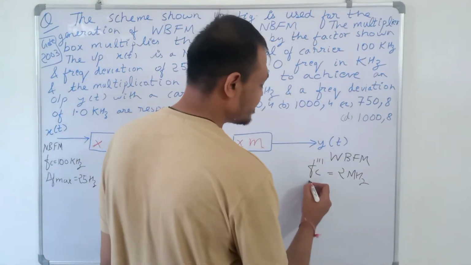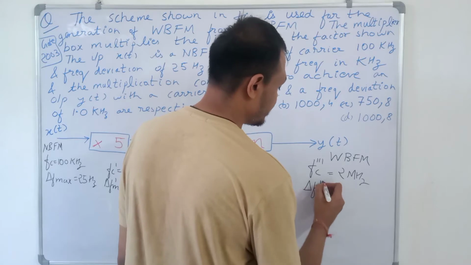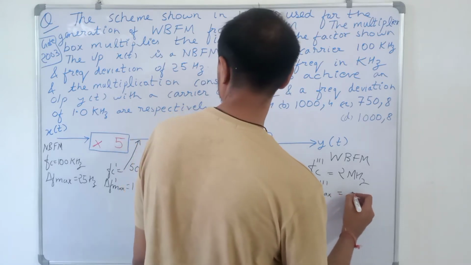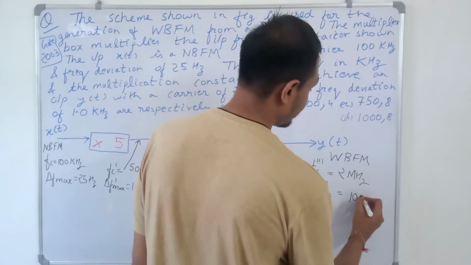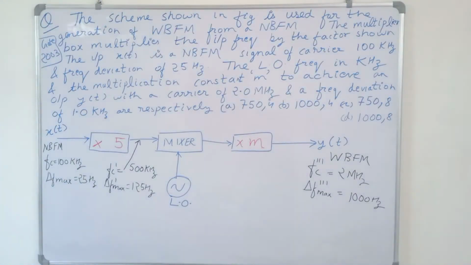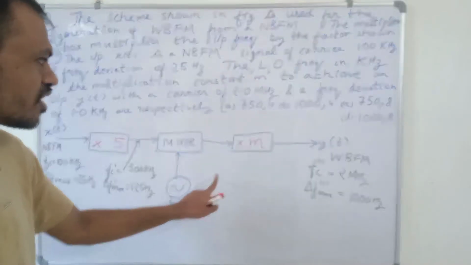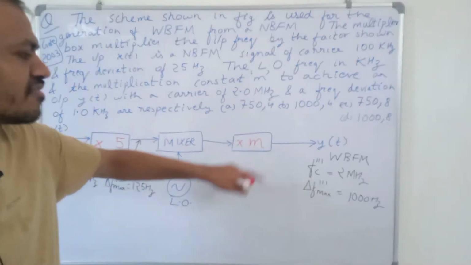So y(t) has a carrier frequency, let's denote it by fc triple dash, equal to 2 MHz, and a frequency deviation, delta f max triple dash, equal to 1 kHz, or 1000 Hz. So we have to find the frequency of this local oscillator and the value of this m.